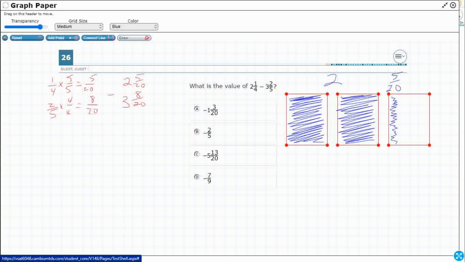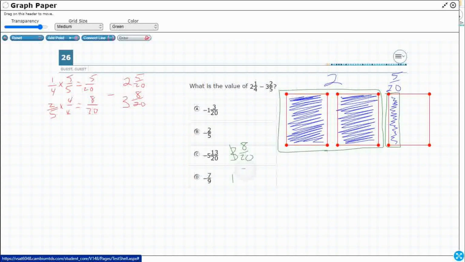So obviously, I can get rid of 2 5/20, right? But I need to get up to my 3 8/20. So I'm going to get rid of this right here. I'm going to get rid of my 2. Right, so that's going to leave me with 1. And I can get rid of 5.